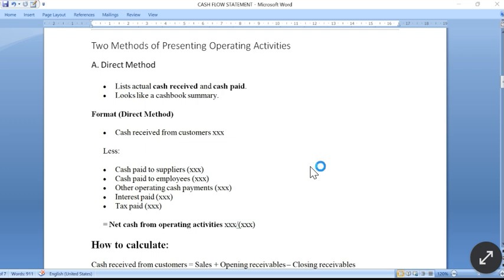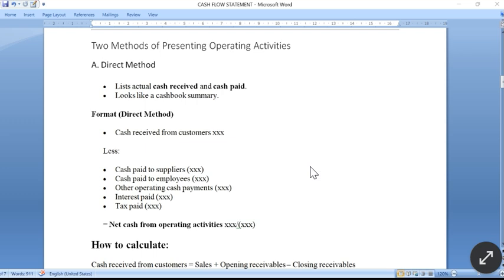Cash received from customers first. And how do you calculate cash received from customers? It is your sales plus your opening receivables minus your closing receivables. Very, very simple. Normally, you are selling something. You understand?